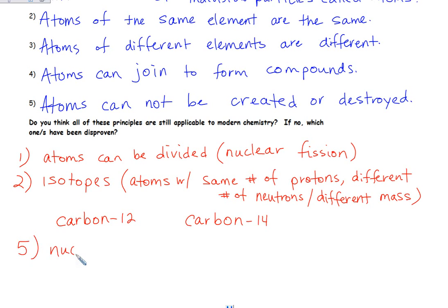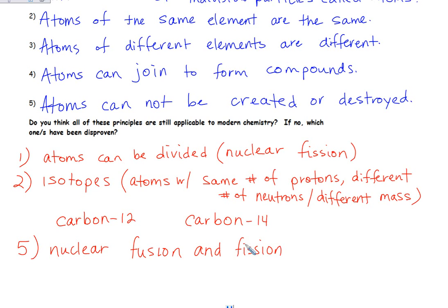Nuclear fusion and fission. Fission is dividing an atom, so you have some large radioactive unstable atom and it decays and forms smaller atoms.